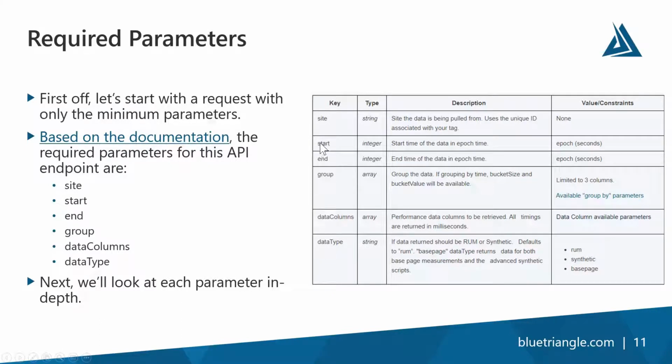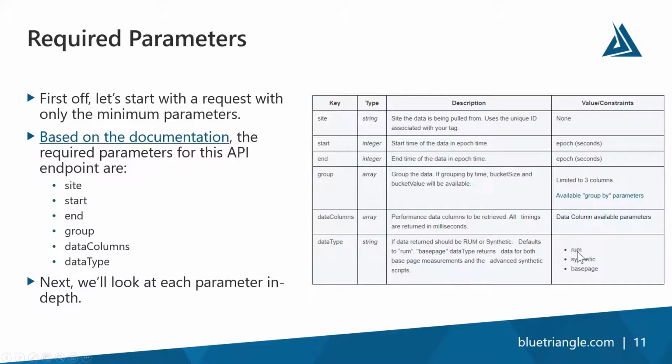But then there is the start and end of the time period you're looking at. There's a group by parameter. Then there are data columns, which are going to be performance timings, page views, and other things like that, revenue, for example. And then finally, data type.